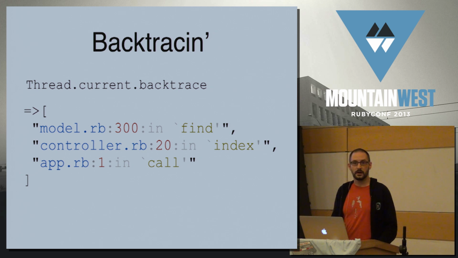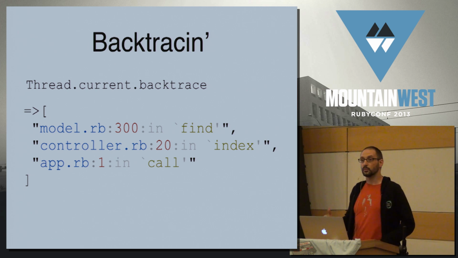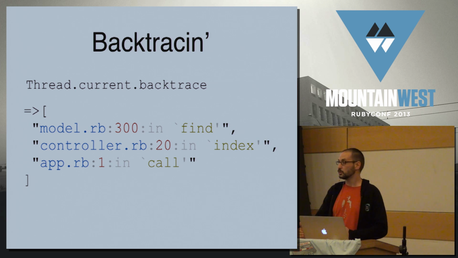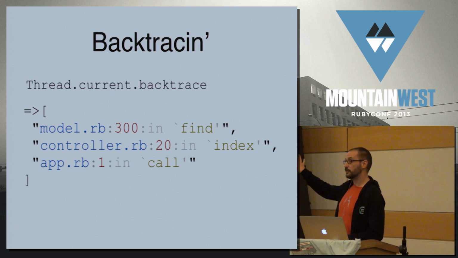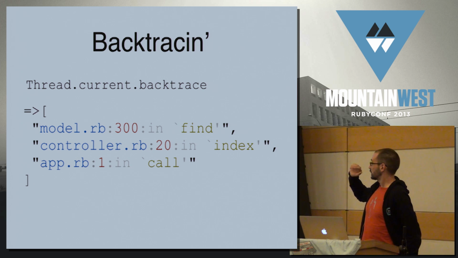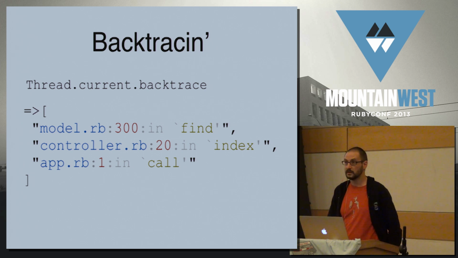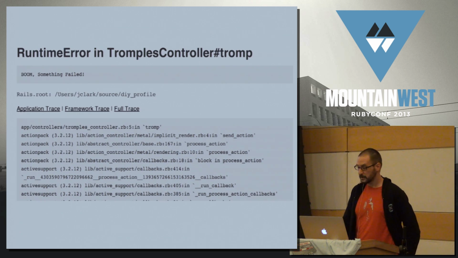And then the last piece of our puzzle is the backtrace method. Each of those thread objects exposes a method that will give us an array of strings that represents where in the code it's currently located. This is a simplified example that I'll be using throughout, which I've shrunk a bit to fit on the slides. But this is what the backtrace looks like. It's just a collection of these formatted strings that tell us the file, the line number, and the method that we're currently executing in. This may look a little bit familiar.